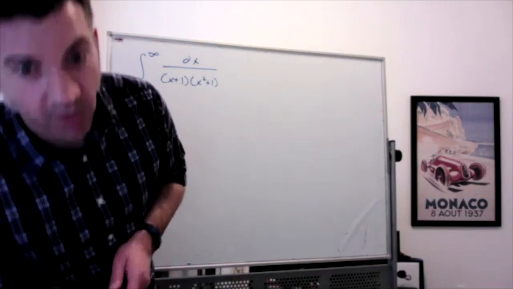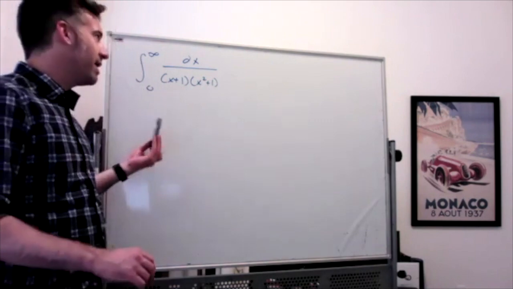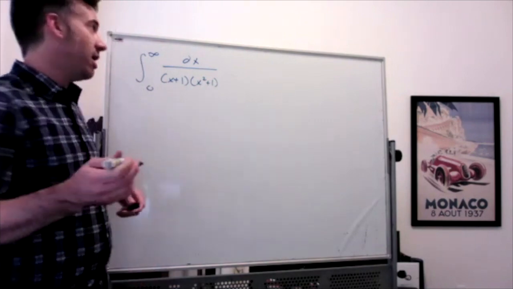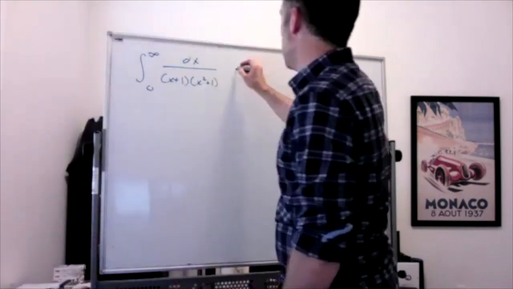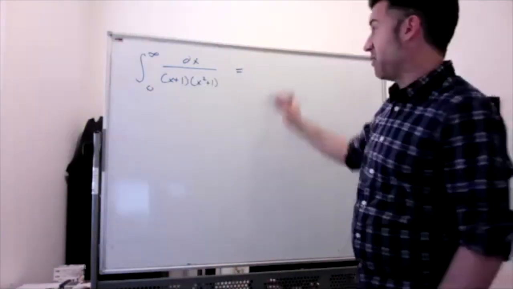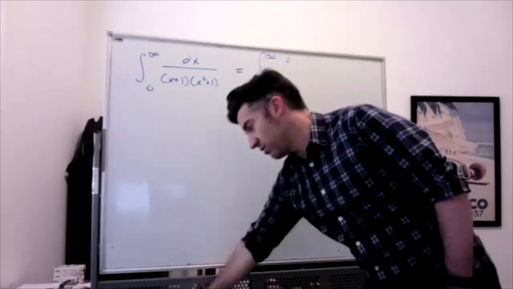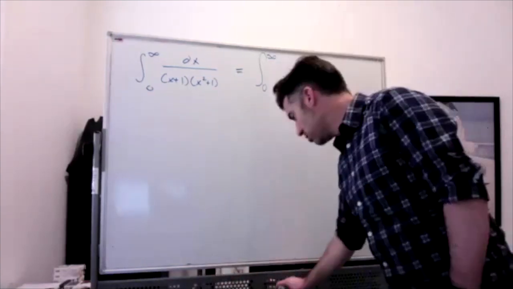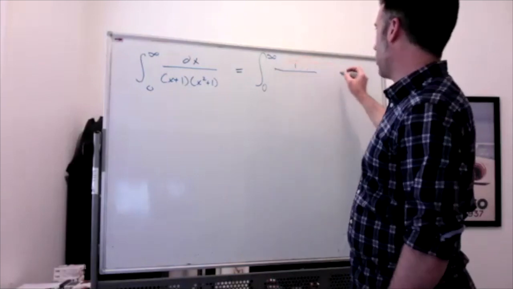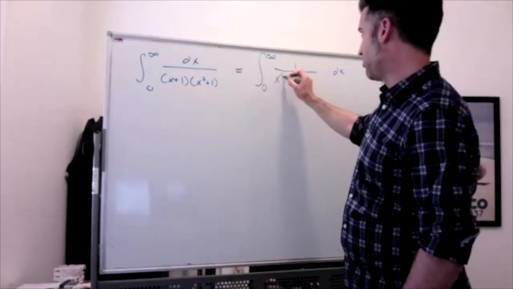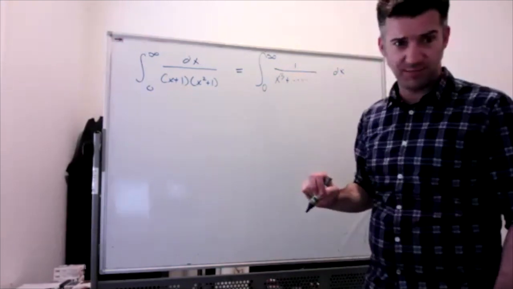All right. So my intuition here is this is convergent because if I multiply out the bottom, I don't actually want to multiply it out. If I multiply out the bottom, let's actually write it as a 1 on top. I've got 1 over x times x squared is x cubed plus smaller powers of x.